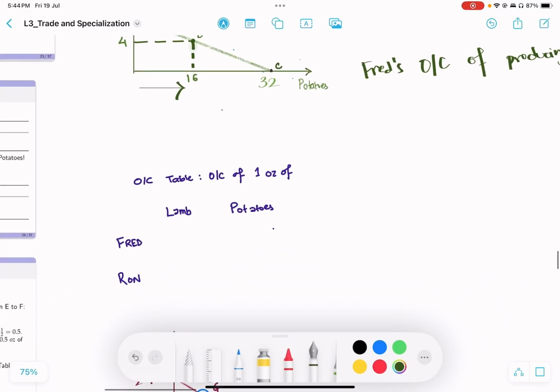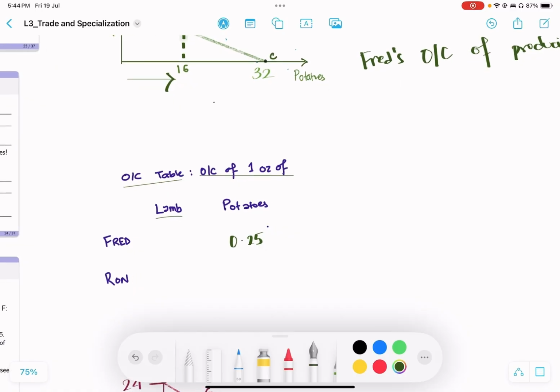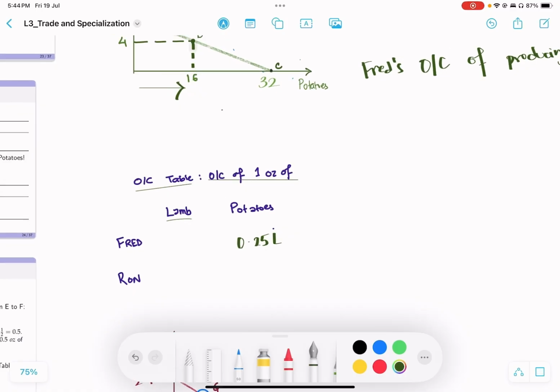So if I were to create what I call the opportunity cost table, where I'm going to focus on what is the opportunity cost of 1 ounce of lamb for Fred versus Ron, and same for potatoes. So let's just fill in the gaps. Right? So I have found that opportunity cost of 1 ounce of potato is 0.25 ounce of lamb. All right. For shortcut, I'm just writing 0.25 lamb, but you understand it's 0.25 ounce of lamb.